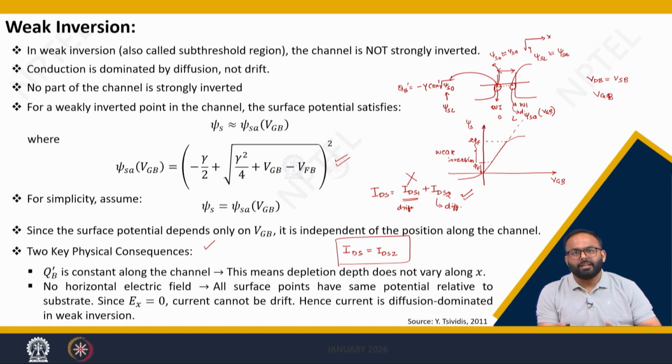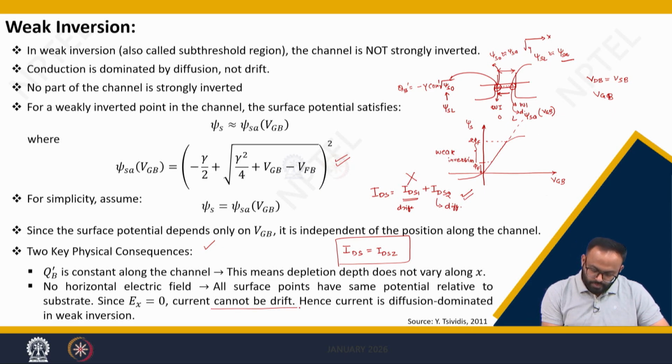But as we are considering weak inversion, here both psi S0 and psi SL are psi SA. So, ultimately QB will not vary along the channel. The second point is that no horizontal electric field exists because it is an equipotential surface, and hence the drift component is negligible, correct. So, we need to only consider the diffusion component.